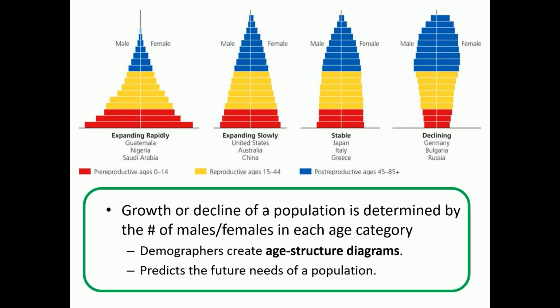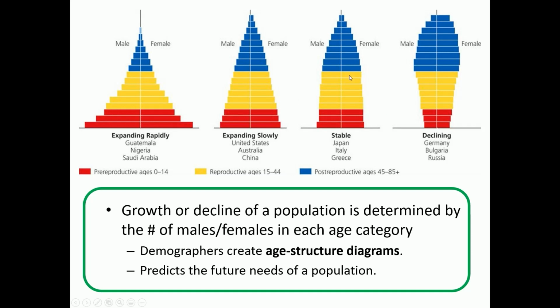Over here, and this is common to Japan, Italy, and Greece, you have a stable age structure diagram. This is a situation where the population birth rate and the mortality rate, the death rate, is pretty much even with each other. So every generation is replacing the previous generation. We have a one-to-one match of births and deaths.